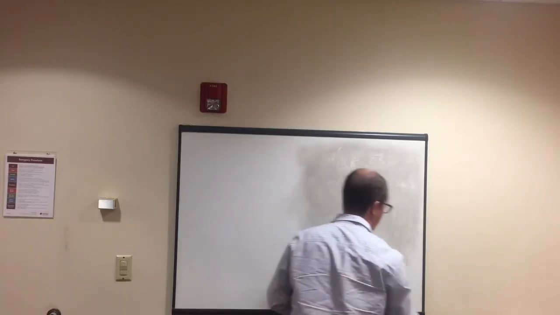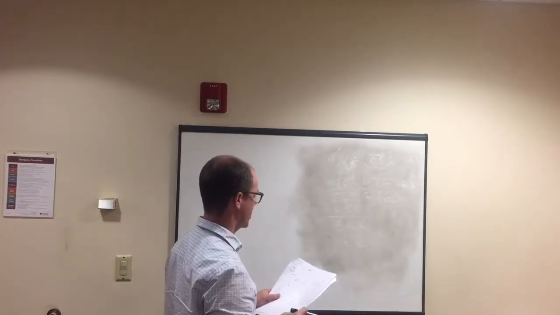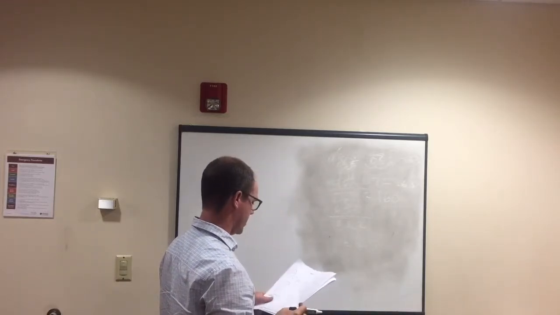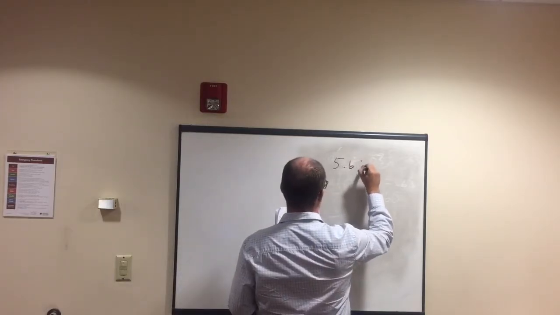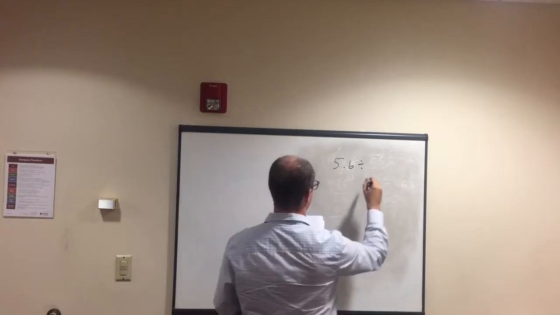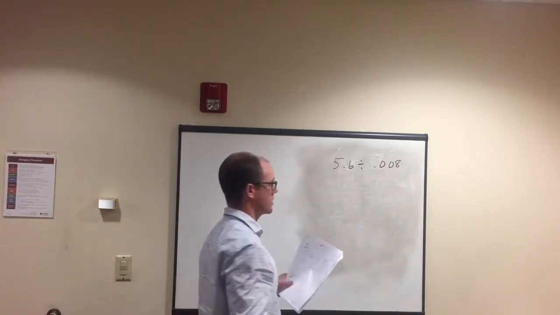Okay, maybe we'll look at another one of those, since a lot of times people feel more uncomfortable with this one just because it seems a little bit weird, but that's all you're ever doing, is getting rid of all those decimals, and in most cases you'll have to add a 0 or 2 or more. 5.6 divided by 0.008.